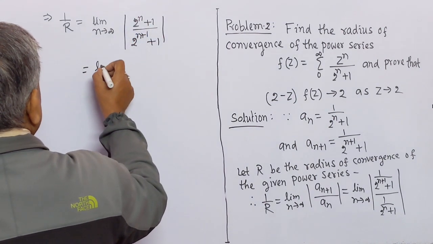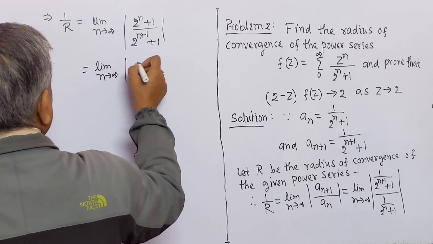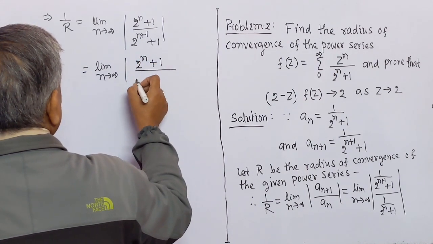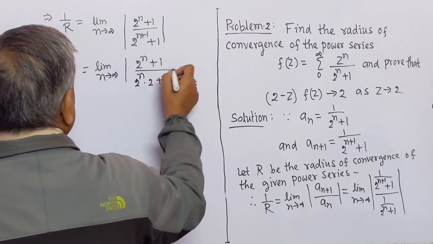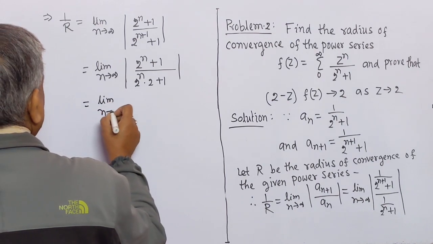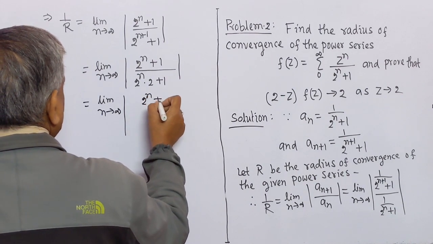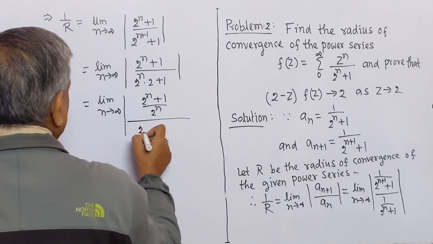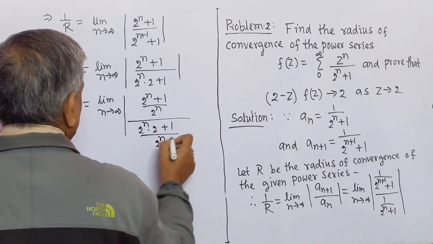This equal to limit n tends to infinity 2 to the power n plus 1 by 2 to the power n multiply 2 plus 1, equal to limit n tends to infinity 2 to the power n plus 1 by 2 to the power n, by 2 to the power n multiply 2 plus 1 by 2 to the power n.